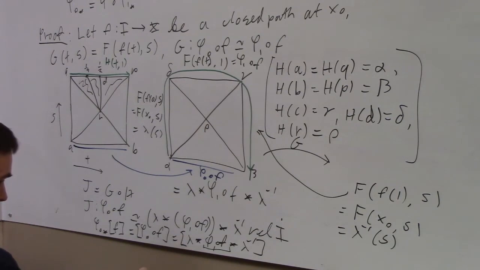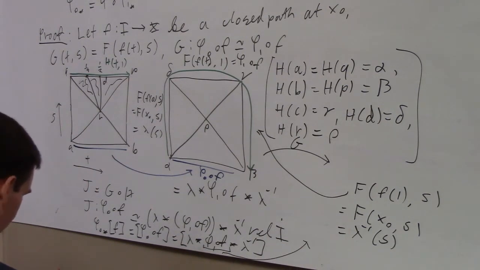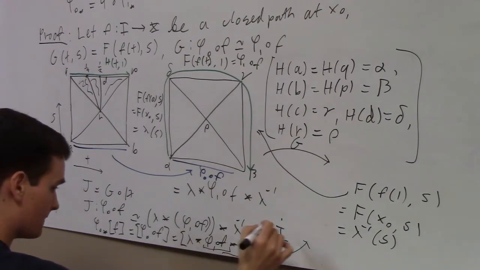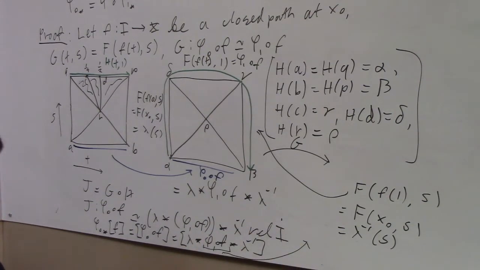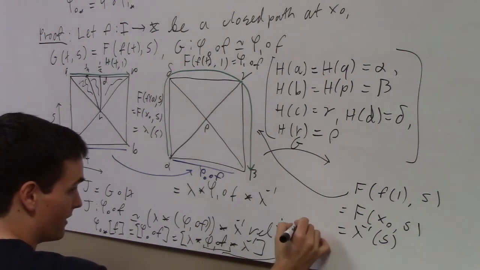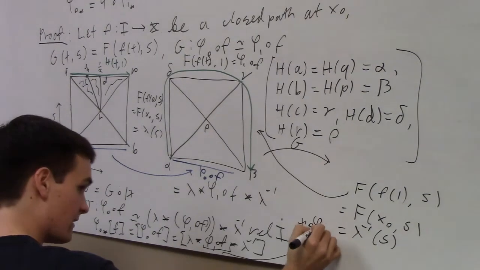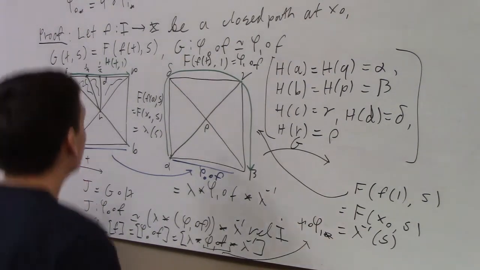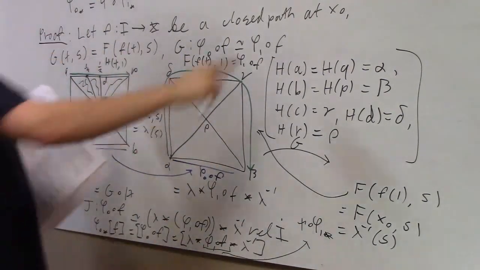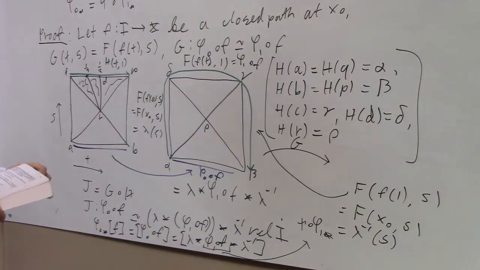Side note, this entire thing is equal to our isomorphism, remember, of the map induced by phi 1, because our isomorphism was just appending lambdas on the end, essentially. So that shows it.